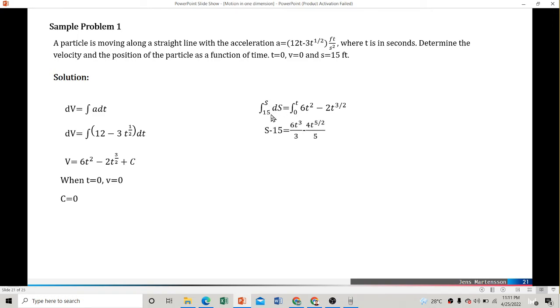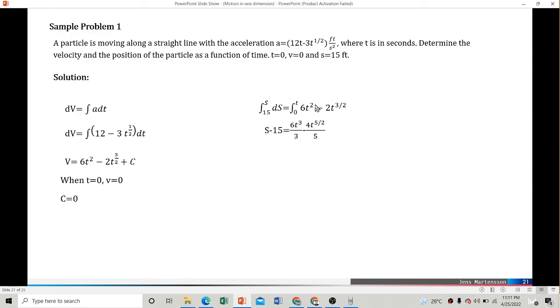So now the resulting integration, we substitute the boundary limits, which is s minus 15, upper limit minus lower limit, equal to 60 cube over 3 minus 40 5 halves over 5. We just increase the exponents here.